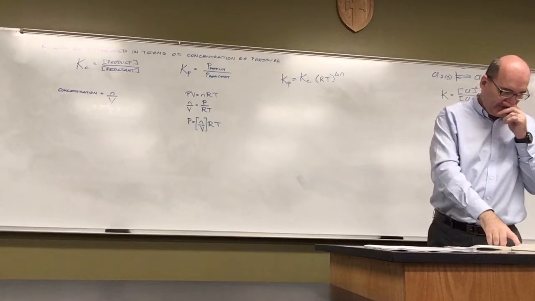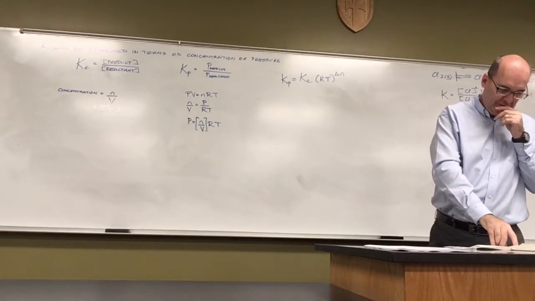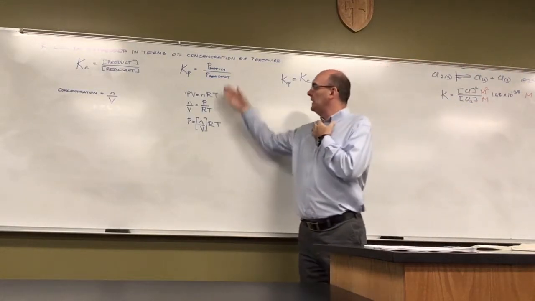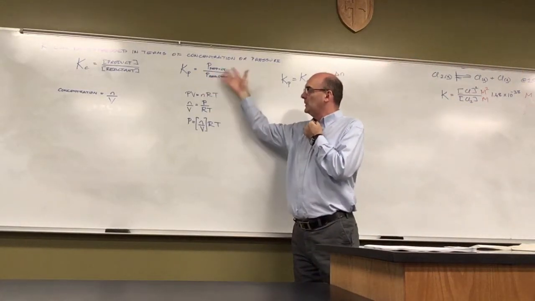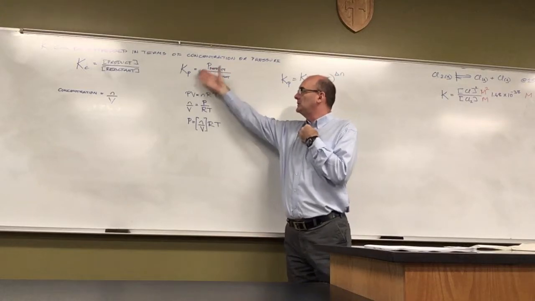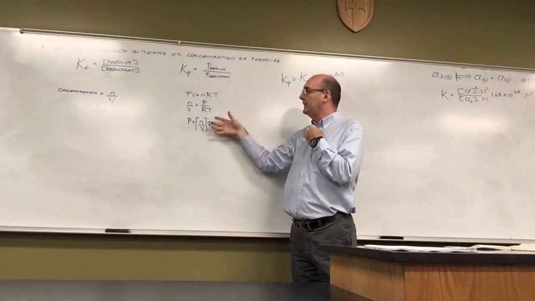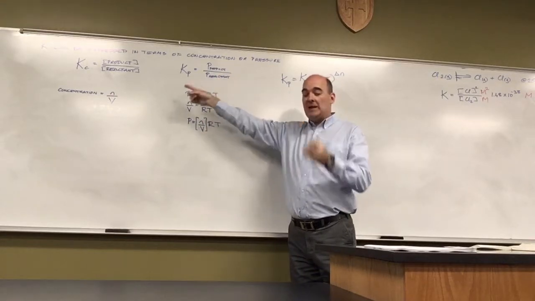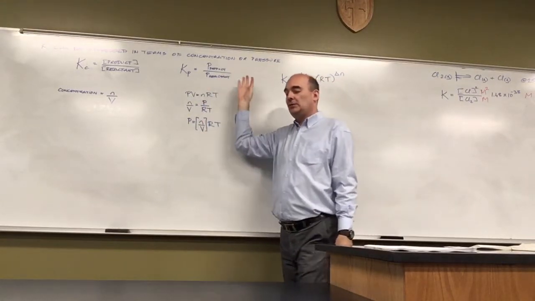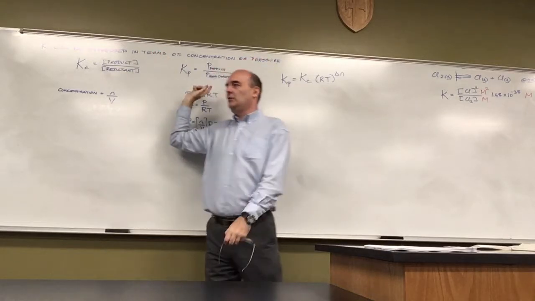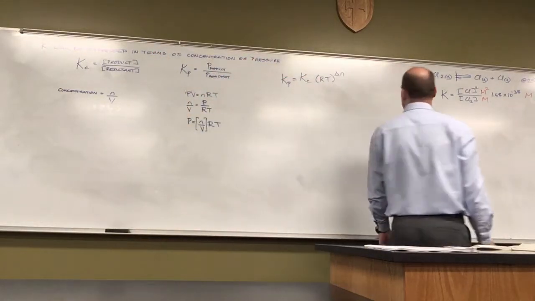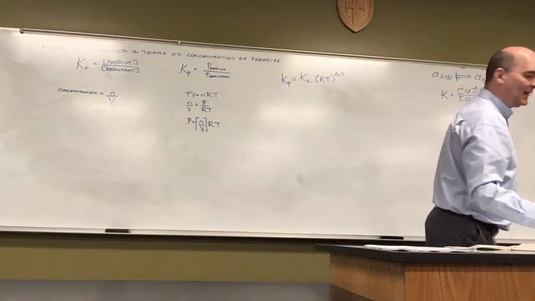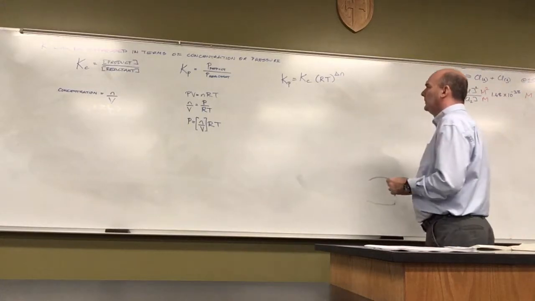I've got a little derivation that gets you there, that just puts n over V RT into any expression of this. The coefficients of the reactants obviously are not going to change whether you used concentration or pressure. But then carrying those RTs through, they kind of get multiplied up.